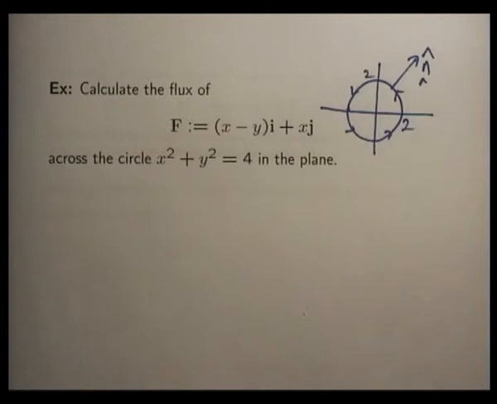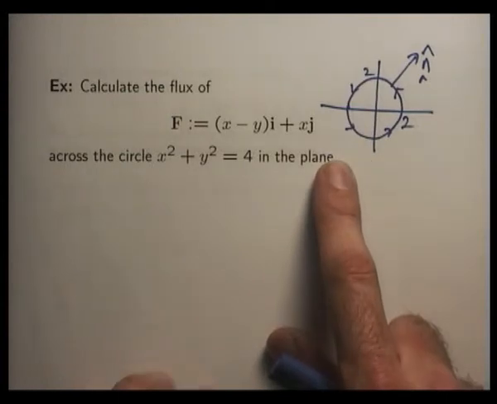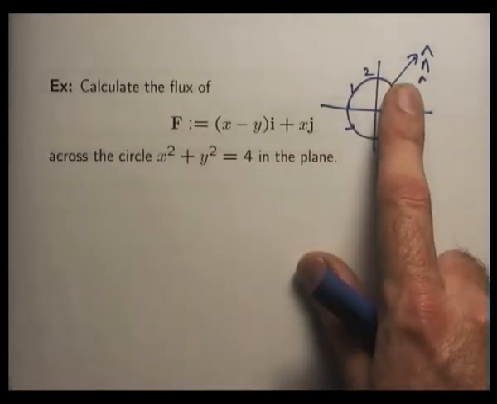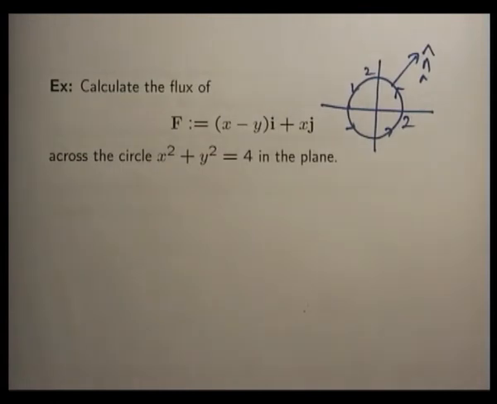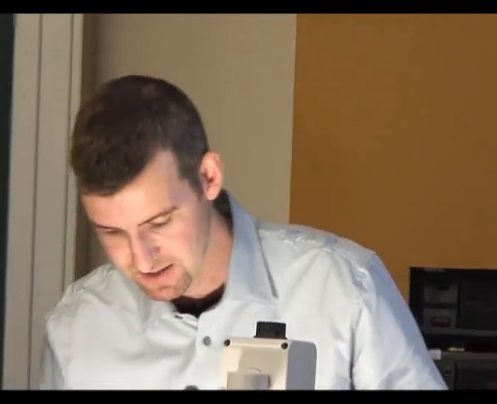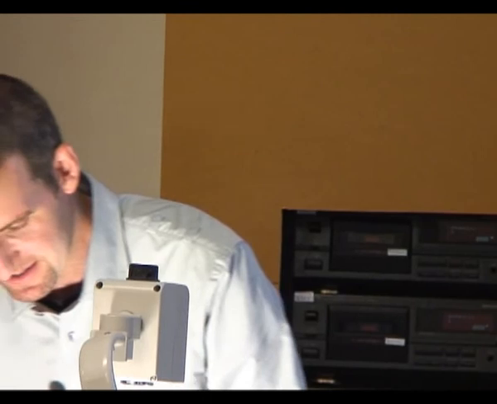So you do need to be careful. For this curve, the actual outward pointing unit vector is going to be x, comma y, all over root x squared plus y squared. Where did that come from? It's contained in the next slide.